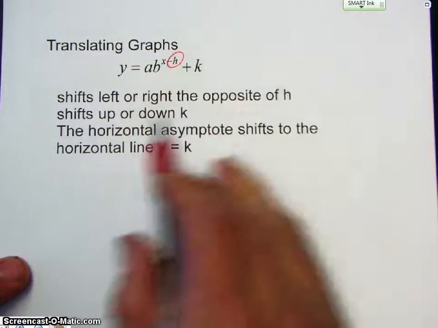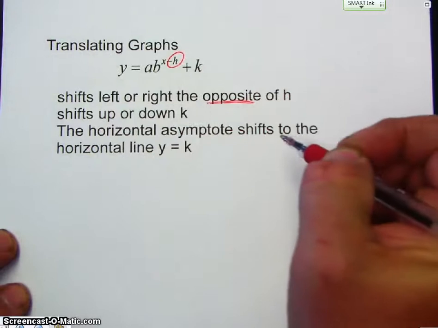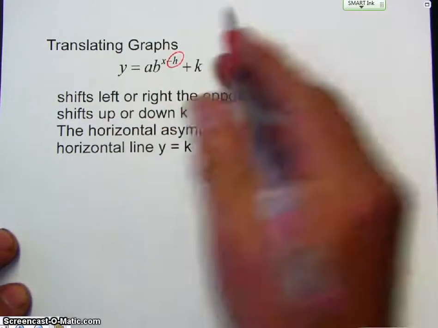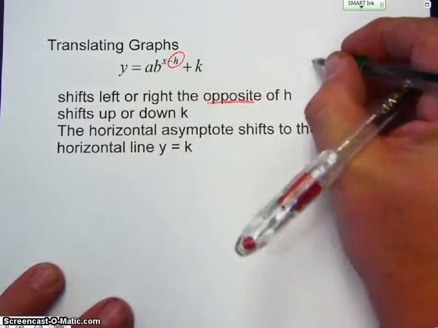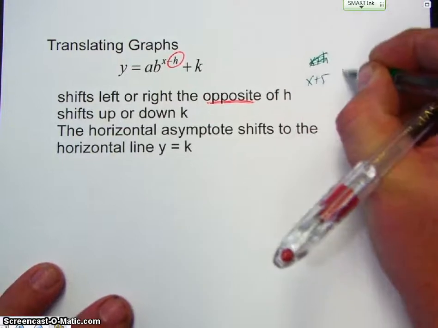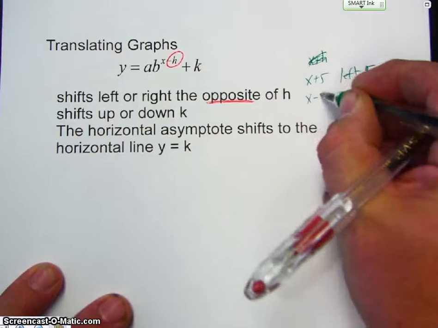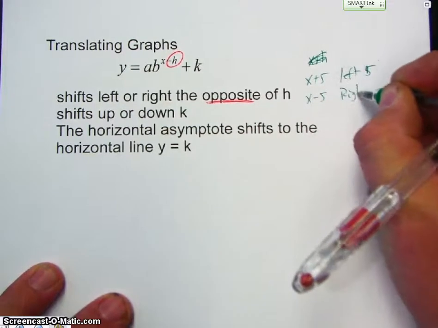Remember, H makes it go left or right, but it's opposite of what H is. So in other words, if I had x plus 5, that means I'm going left 5. If it's x minus 5, that means I'm going right 5.